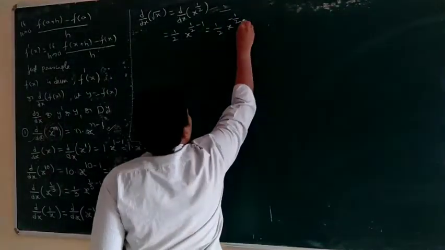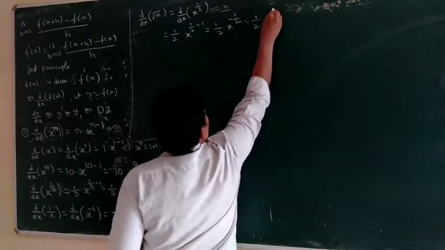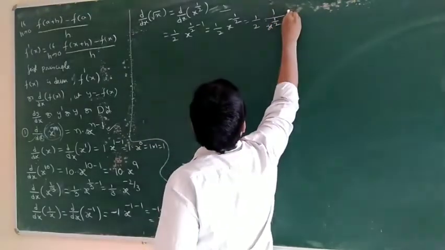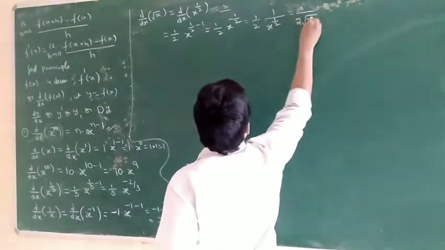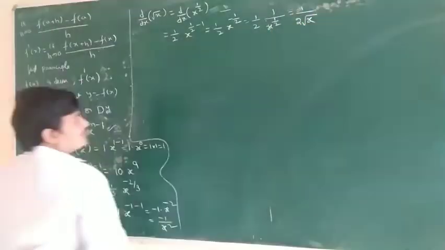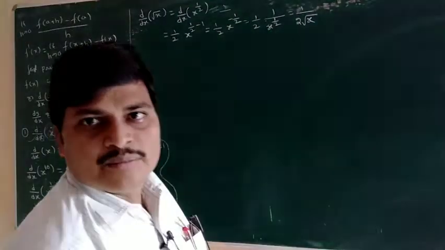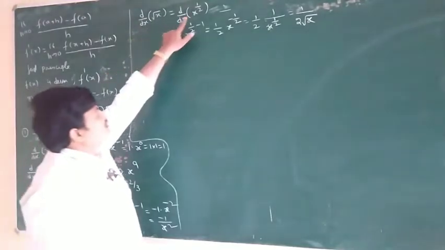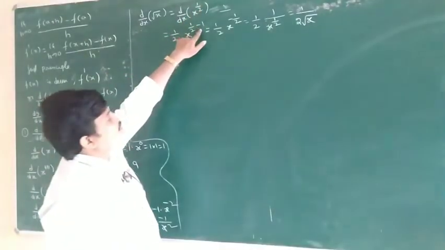So that is equal to 1 by 2 into 1 by x power 1 by 2, which is nothing but 1 by 2 root x. This is the procedure for the derivative of root x. Here n is equal to 1 by 2, n into x power n minus 1.